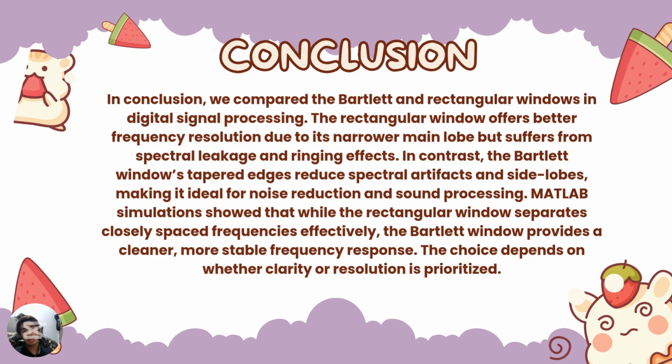On the other hand, the Bartlett window has a tapered edge. It offers better side lobe suppression and higher dynamic range, making it more effective in reducing spectral artifacts and identifying weak signals, but at the cost of slightly reduced frequency resolution.